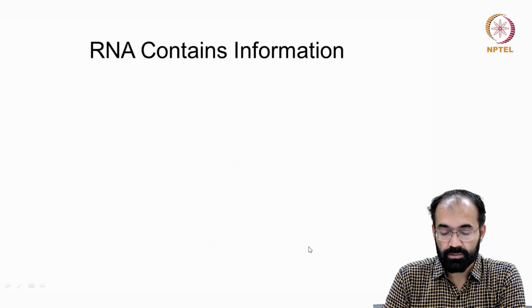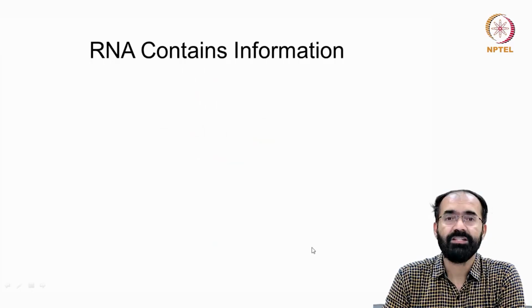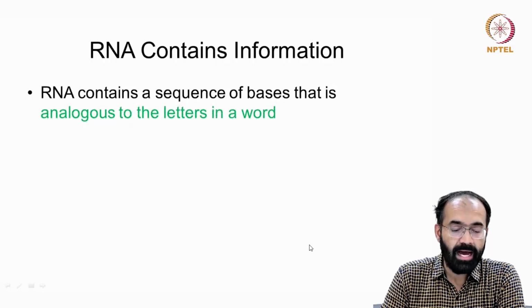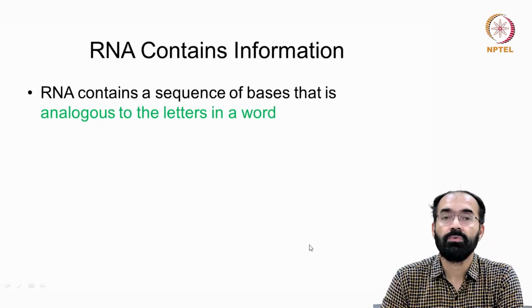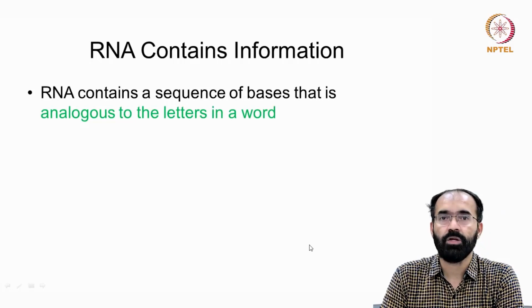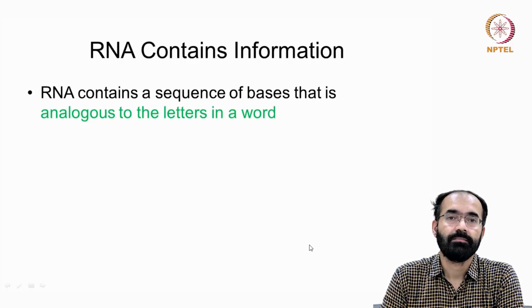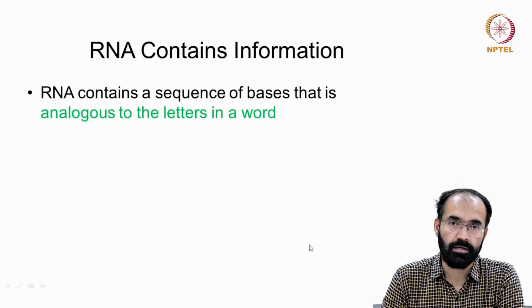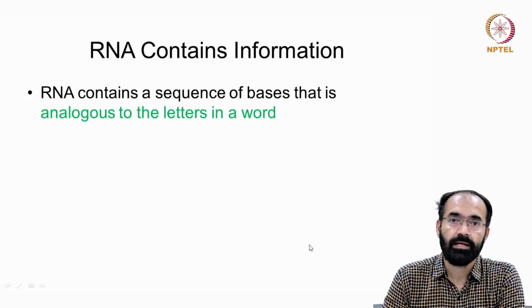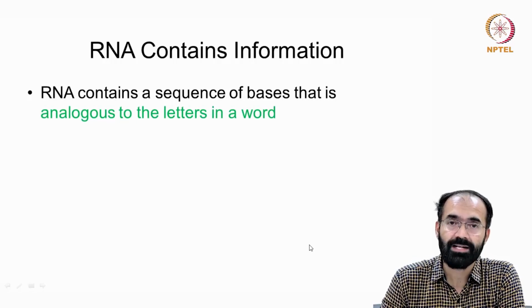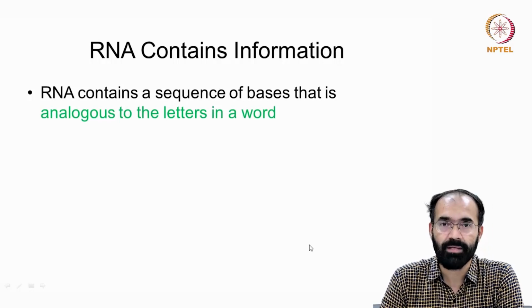And RNA can also contain information. We will see what kind of information they are. RNA contains a sequence of bases that is analogous to letters in a word. We know if someone writes the English letter R, we call it symbol R, letter R. But there is also a word A-R-E, that is also pronounced as R, but both have a different meaning.